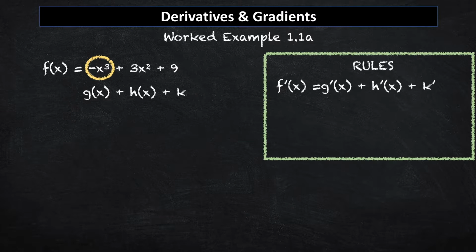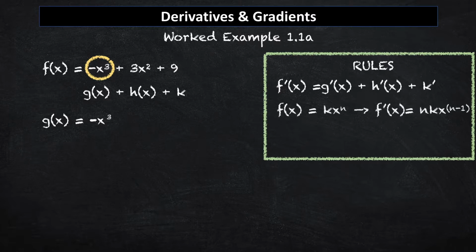Let's start with the first term, minus x to the power of 3, which is our function g. We want to compute the derivative of this function, and we have this rule number 2. When the function is equal to k, a constant, multiplied by x to the power of n, where n is any integer, then its derivative is n multiplied by k multiplied by x to the power of n minus 1.